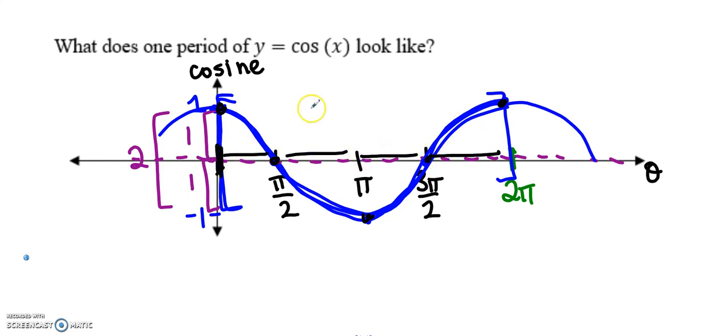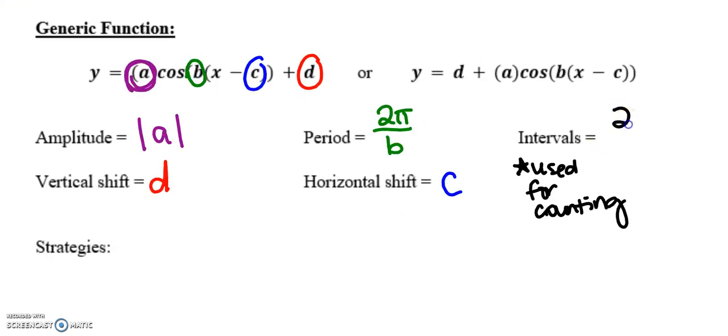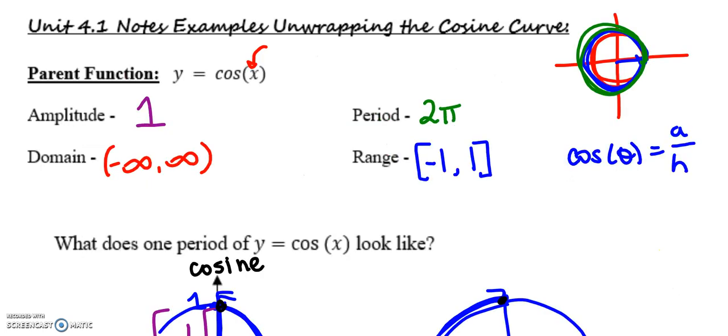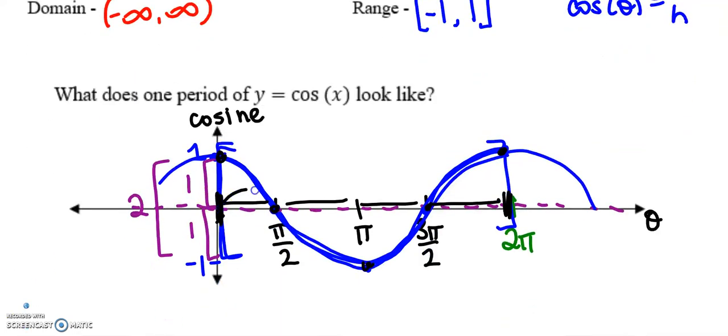So I'm going to take the total distance of a period, 2 pi, and I want to divide it by 4. The period divided by 4. The period won't always be 2 pi, so let me use the actual word. The period that I have, and I'm going to divide it by 4. Thinking about the one I just had, 2 pi divided by 4 is pi over 2. So I am counting by pi over 2's along my x-axis.